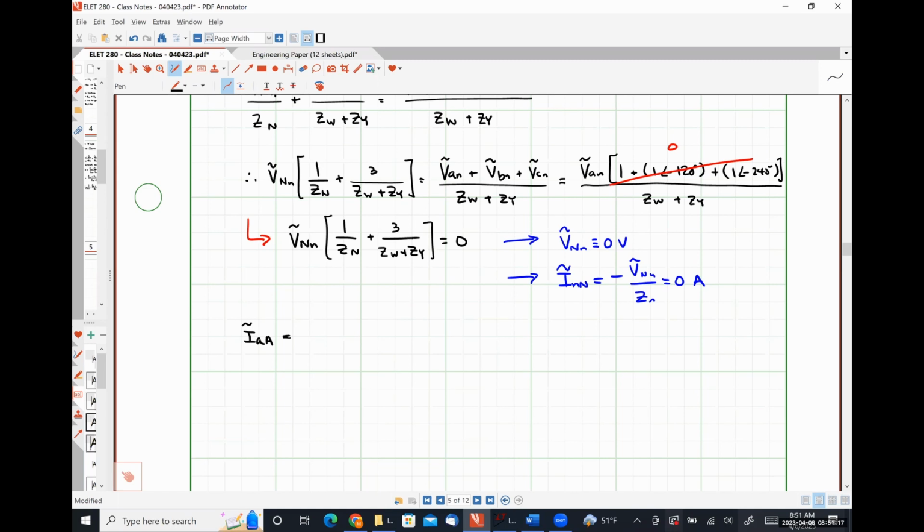So IAA was VAN minus VNN over ZWA plus ZYA for a balanced system. This is simply VAN over ZW plus ZY.